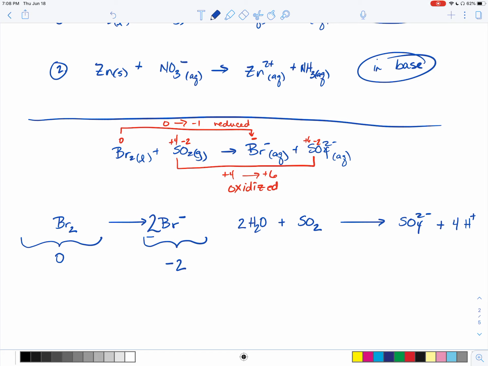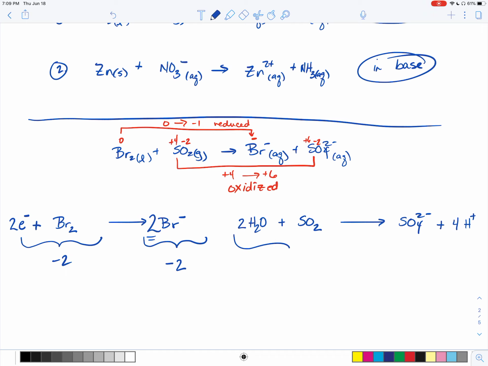You have to take into account the coefficient, because you have 2 Br minuses. I need these to be the same charge, but I can only use something that is negative. That means I'm going to have to add 2 electrons onto the left side of that reaction. So now that sums up to -2 over here. Now they're both the same.